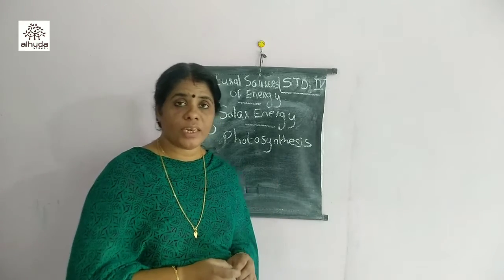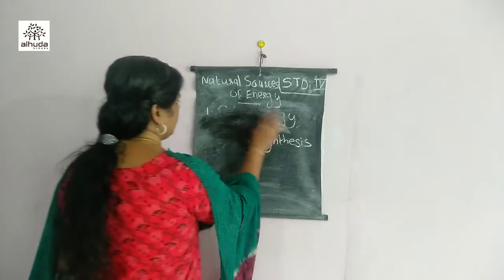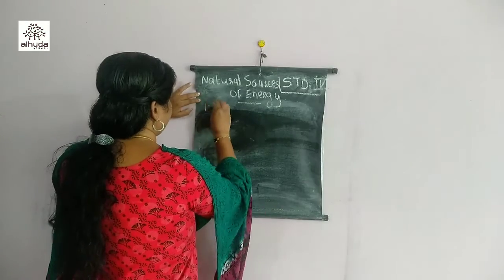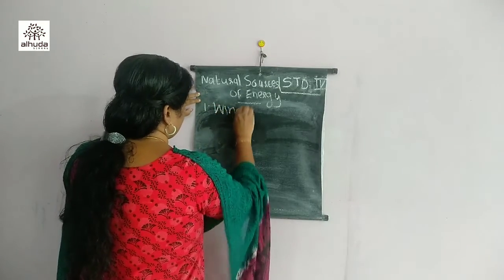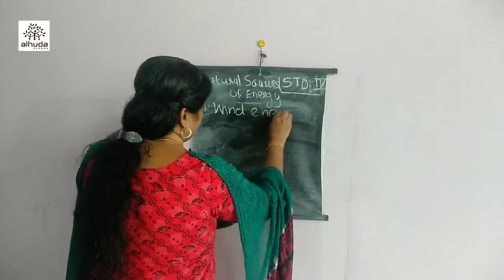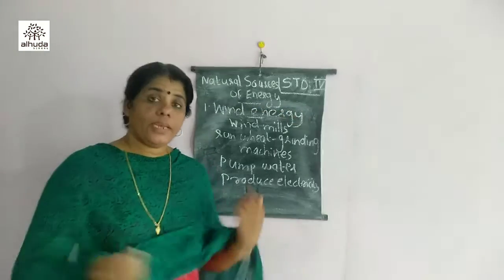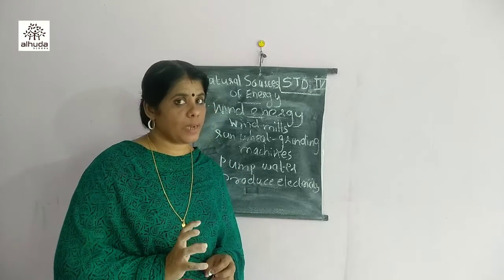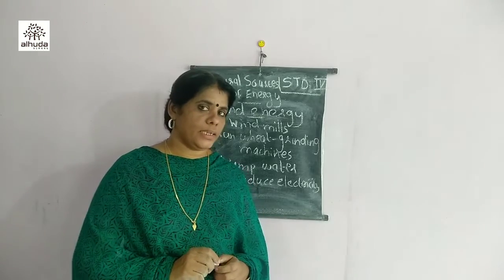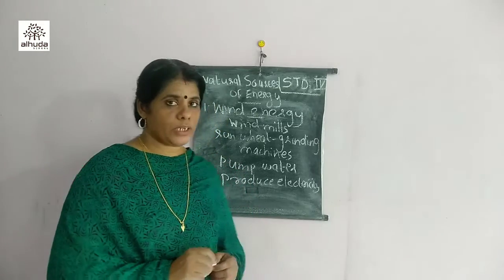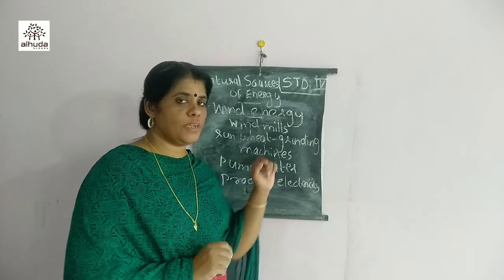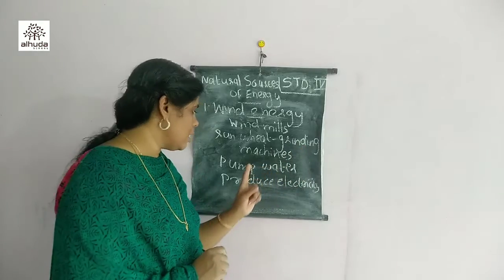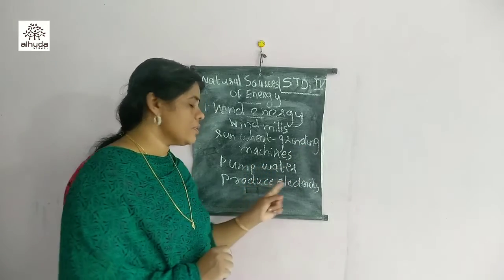Next comes wind energy. Moving air is called the wind. That wind has some type of energy, and this wind energy is converted to run wheat grinding machines, pump water and produce electricity.